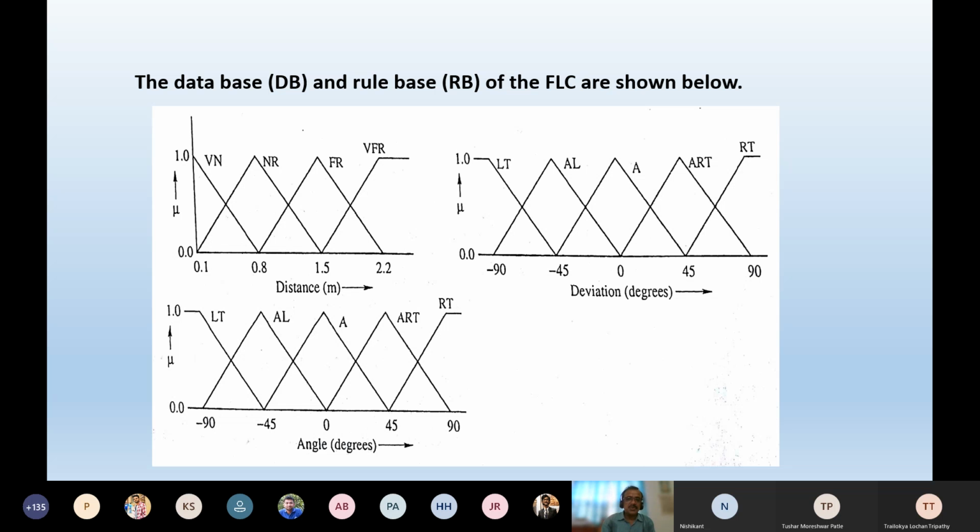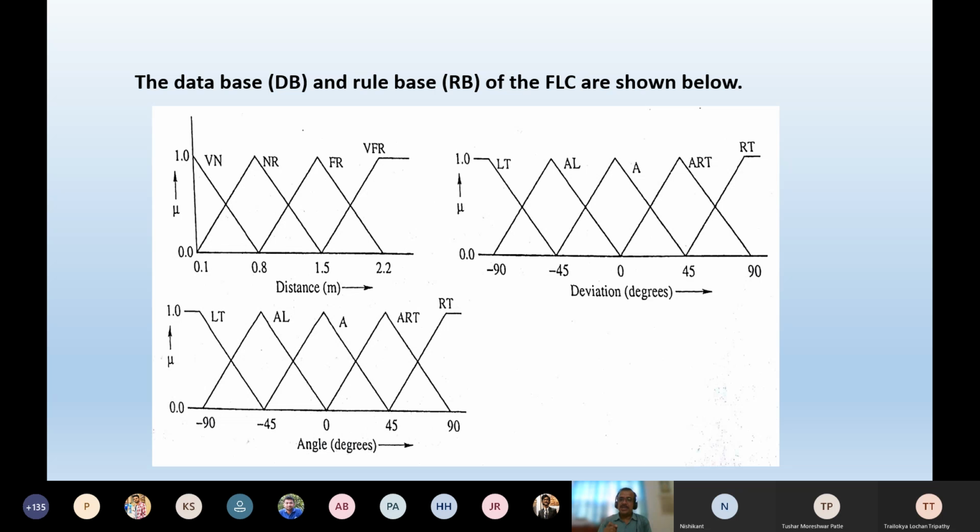Now another thing I want to make clear. There are four linguistic terms for the distance and there are five linguistic terms for the angle. So how many combinations of the input variables are possible? It is very simple: 4 multiplied by 5. There will be 20 combinations of the input parameters.